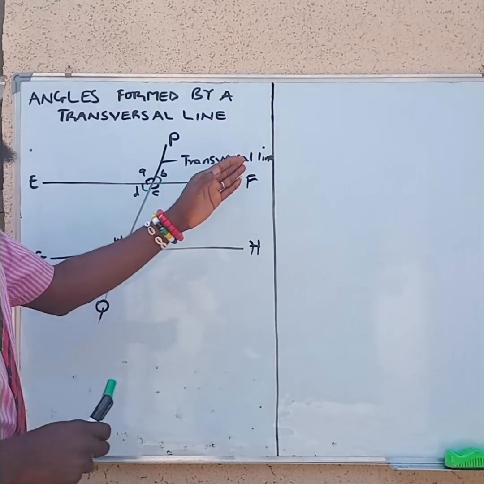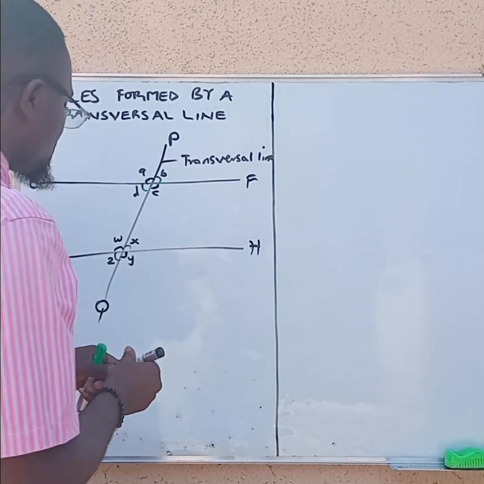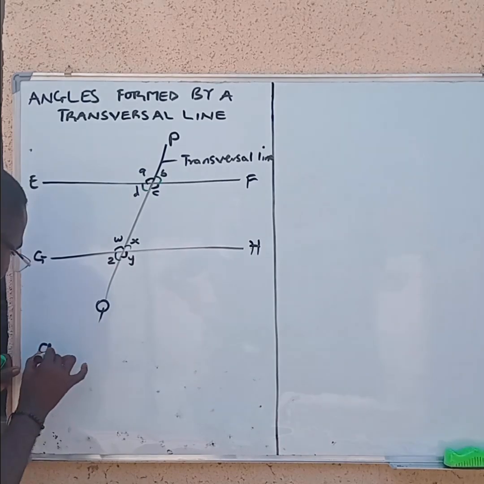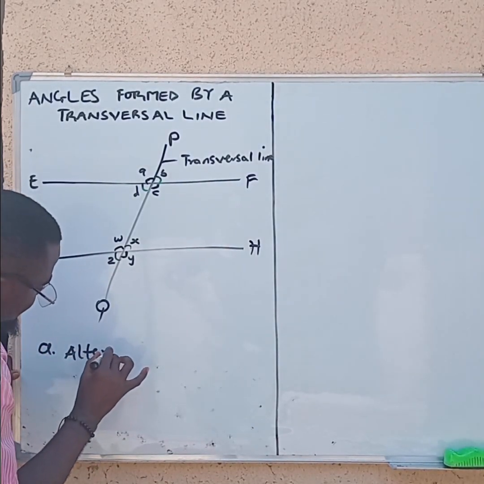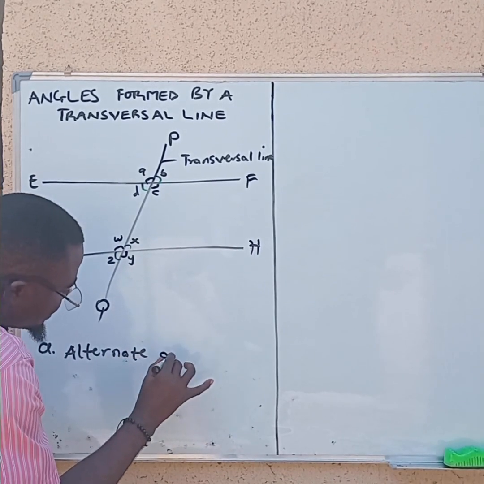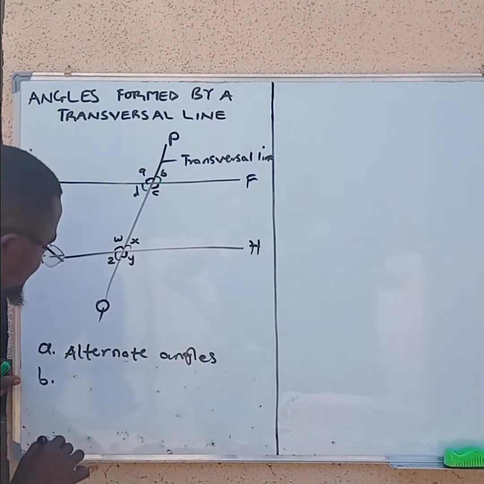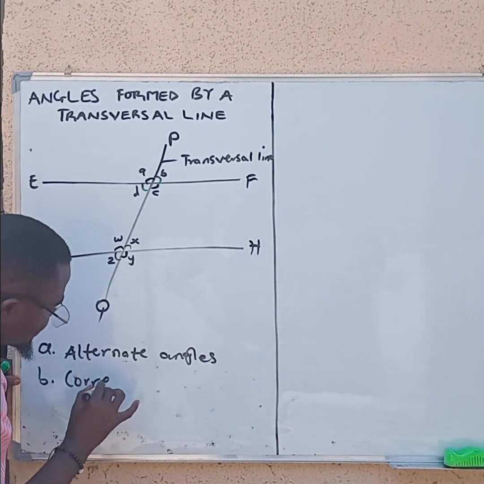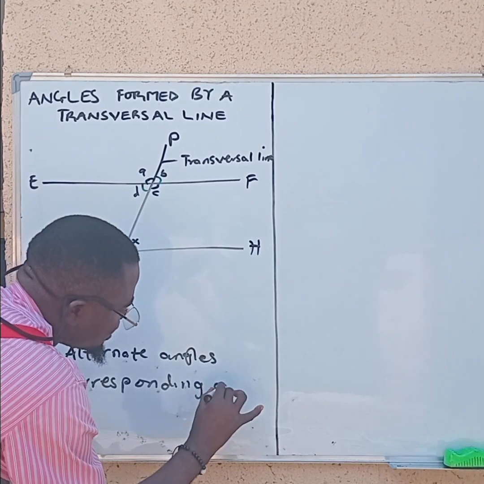Whenever this crosses, there are 3 special angles that it forms. One, we call it A, that is, it forms what we call alternate angles. B, it forms corresponding angles.